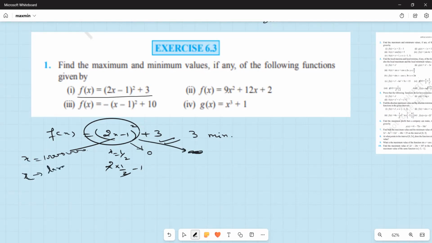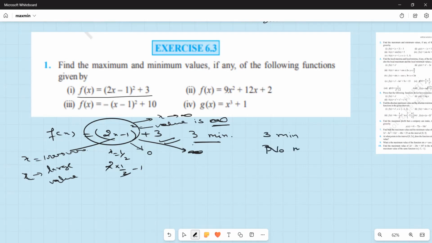So isn't it approaching infinity if x is infinity? So I can't say there is any maxima, because I don't know which finite value it will be, but the minimum is there. So 3 is the minima but there is no maxima. Is this clear? How does it happen?